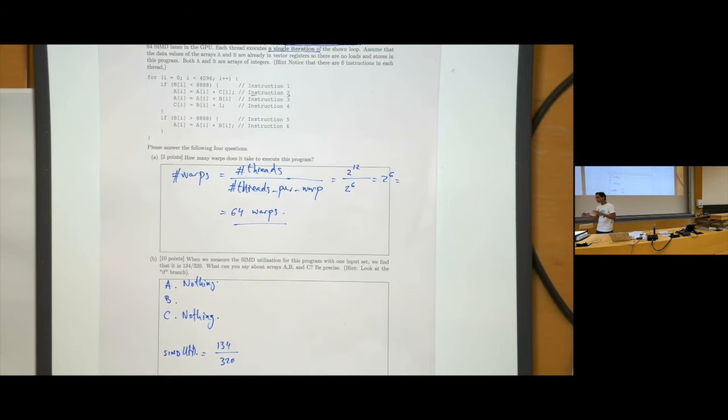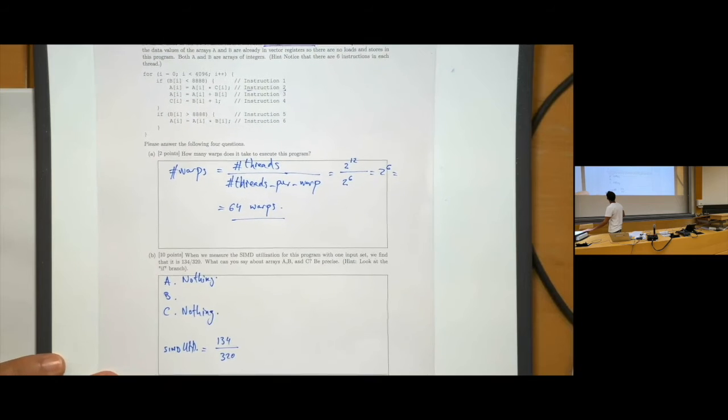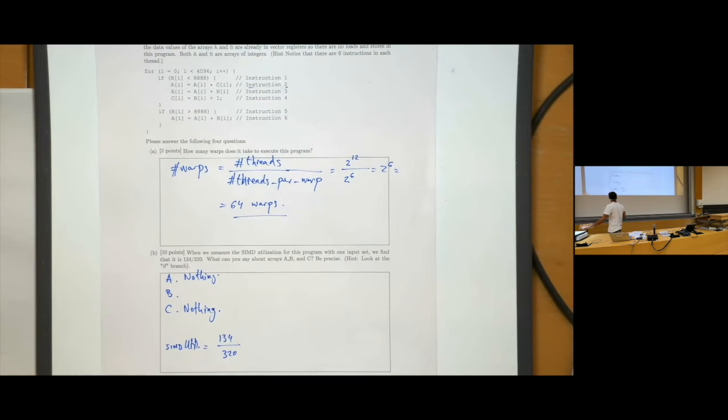And here we can reason in different ways, but I'm going to take advantage of the fact that I'm given this number. If I see this fraction, I see that in the denominator I have 320. And 320 is equal to 5 times 64.